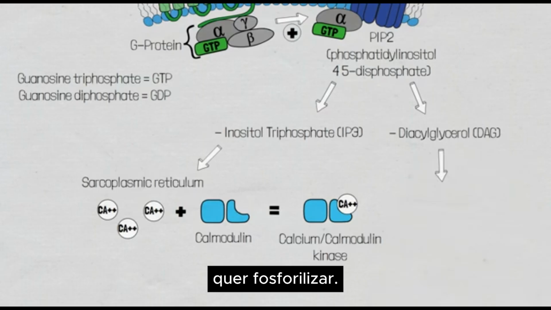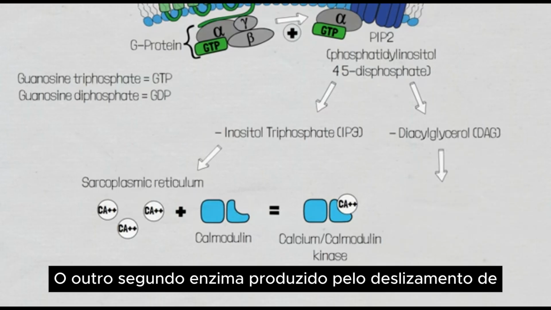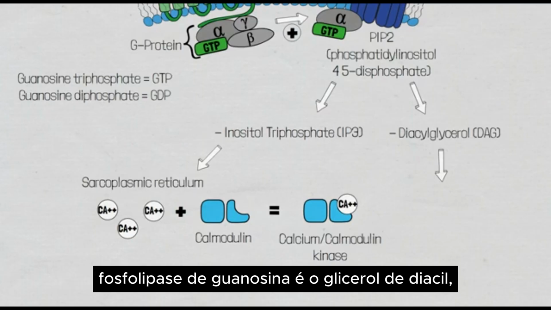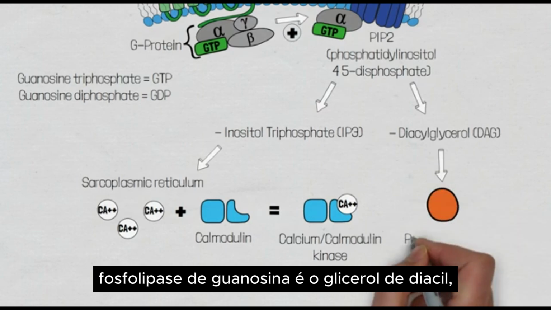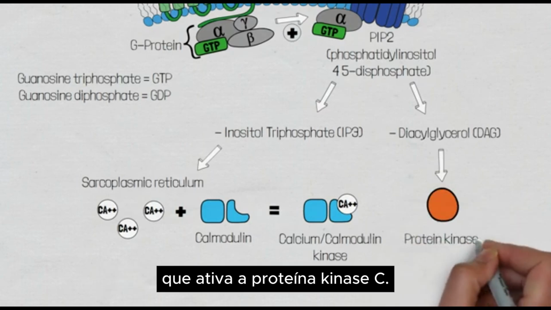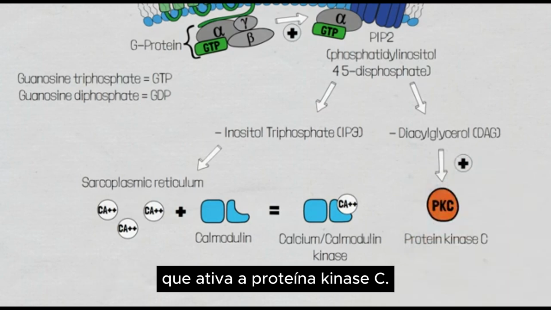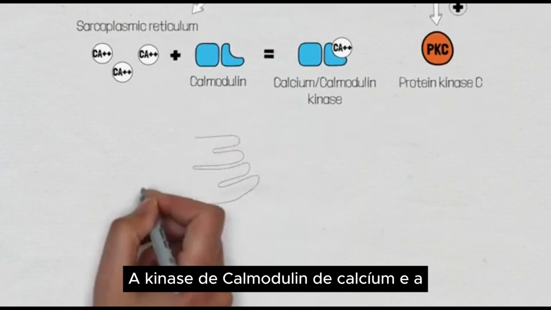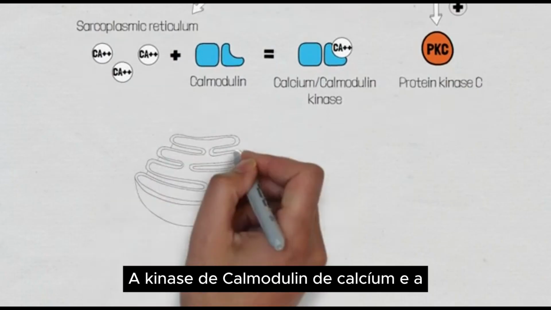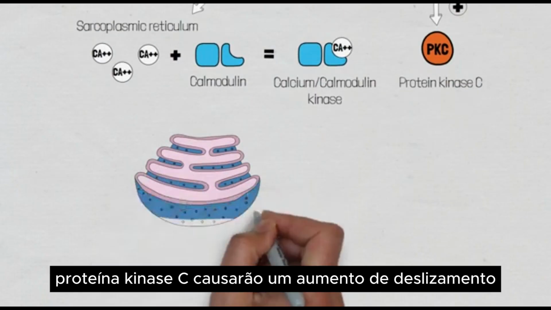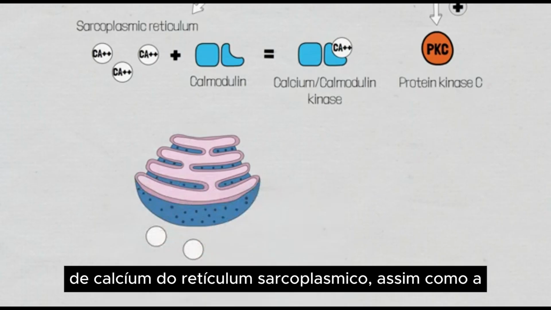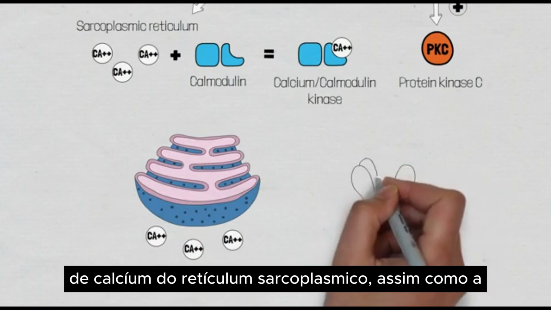The other second messenger that is produced from the breakdown of phosphatidyl inositol 4,5-diphosphate is diacylglycerol, which activates protein kinase C. The calcium calmodulin kinase and protein kinase C will cause an increase of calcium release from the sarcoplasmic reticulum, as well as the opening of calcium channels on the cell membrane.